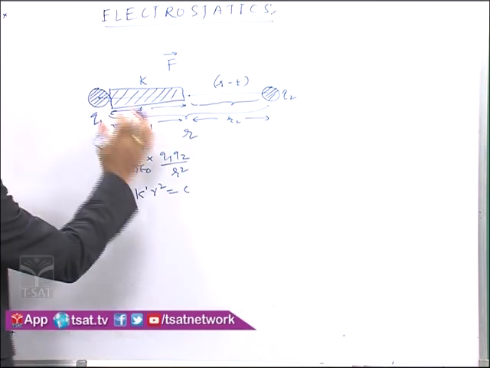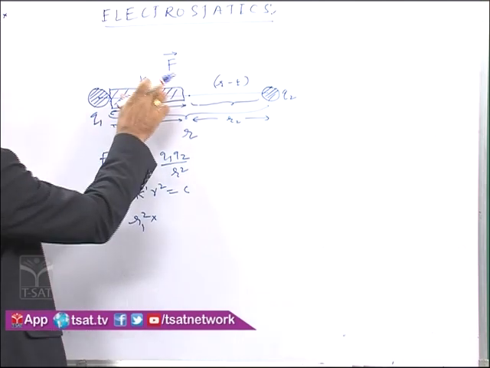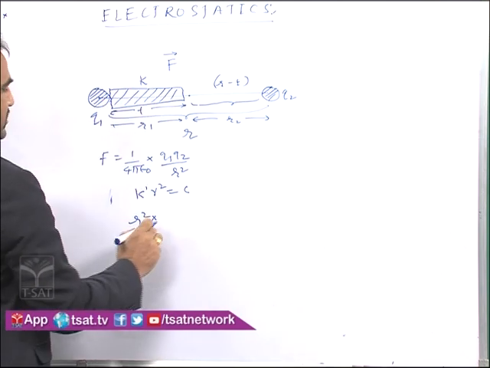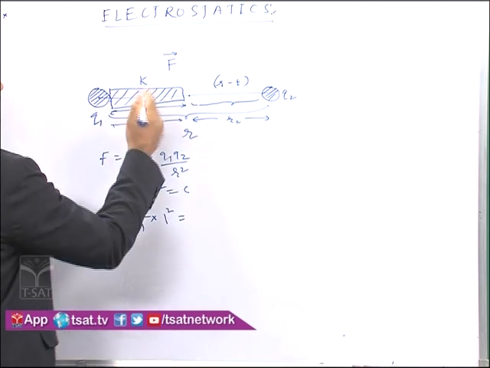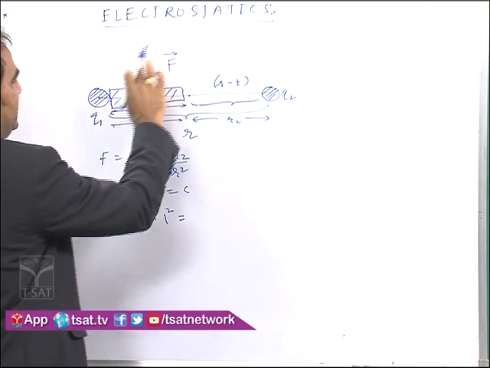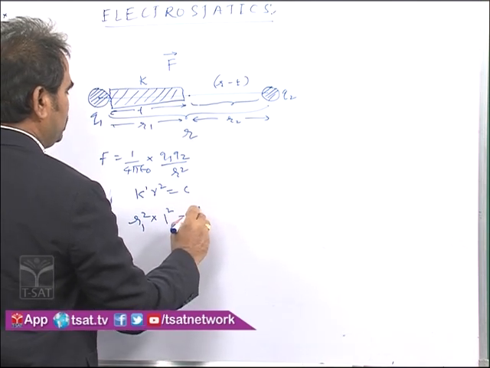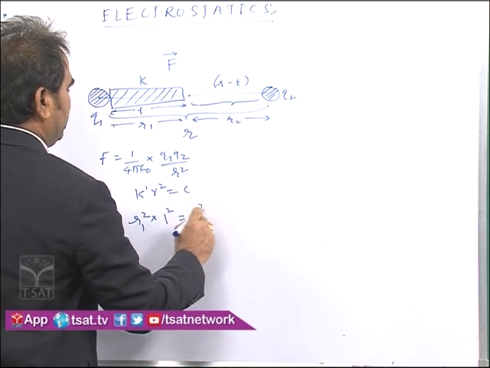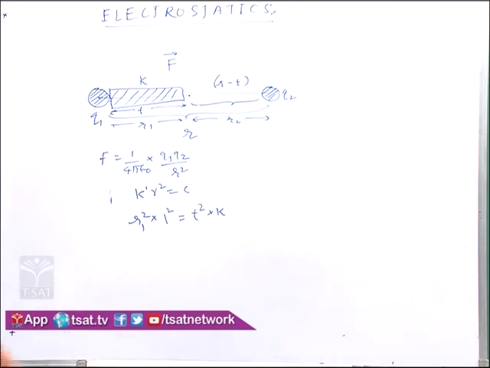Before placing the dielectric, the permittivity of free space applies, and after placing the dielectric of thickness T and constant K, K R square is equal to a constant.